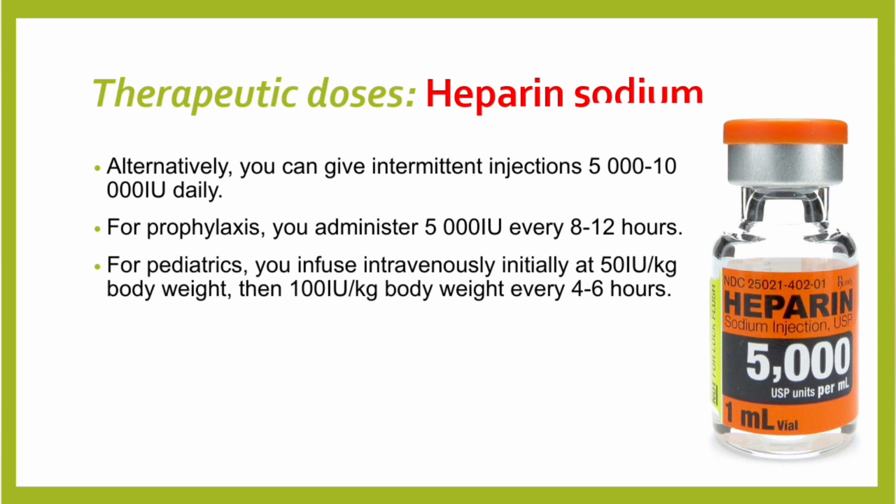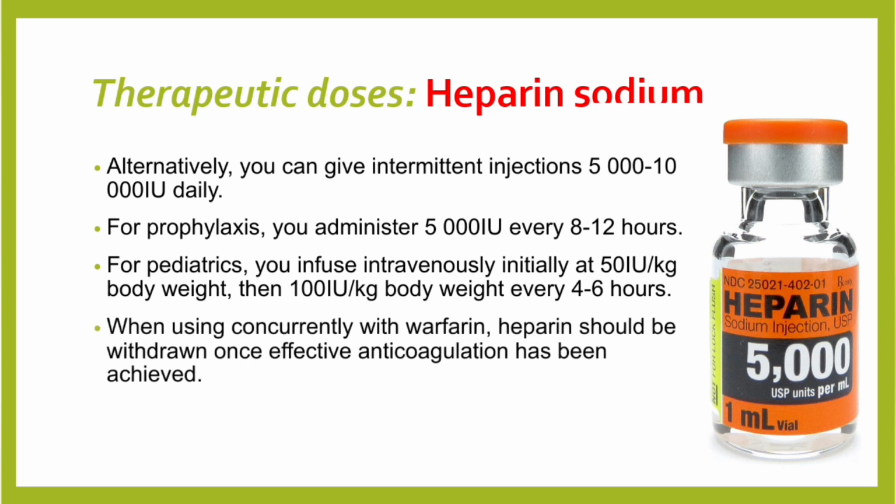For pediatrics, you infuse intravenously initially at 50 international units per kilogram of body weight, and then 100 international units per kilogram of body weight every 4 to 6 hours. When using concurrently with warfarin, heparin should be withdrawn once effective anticoagulation has been achieved.